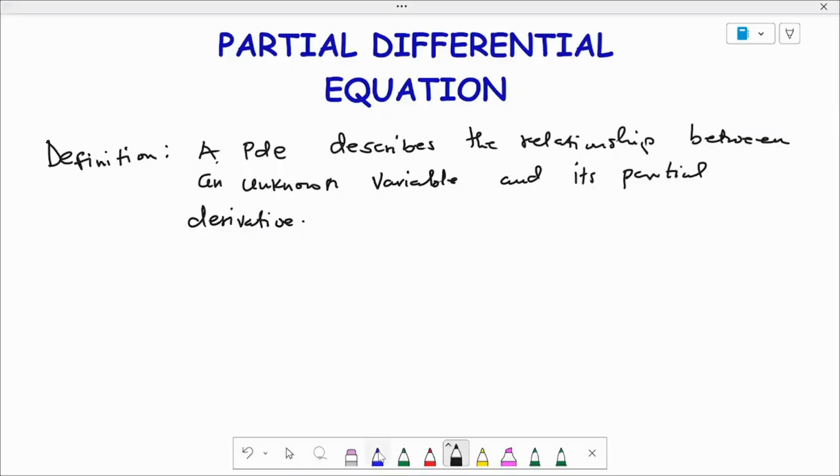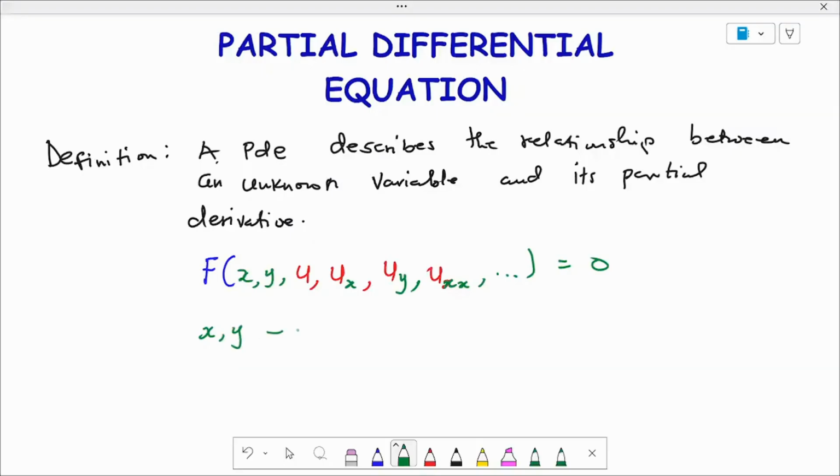The general form of a PDE is given as F(x, y, u, ux, uy, uxx, ...) = 0. Here x and y are the independent variables, and u, in the case where I use red, is the unknown function.